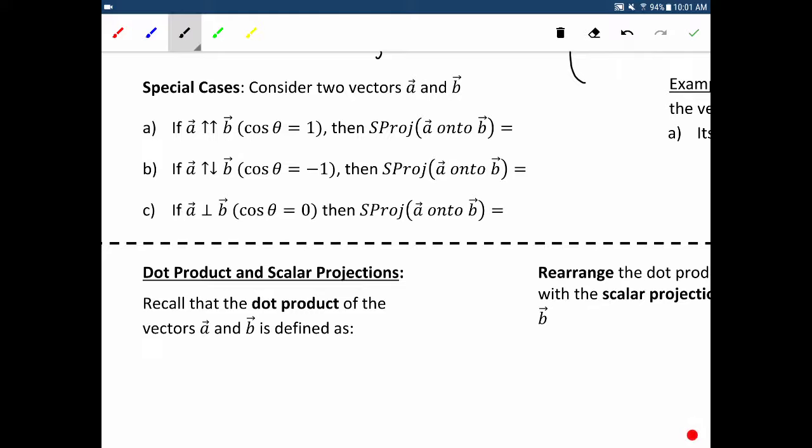If A and B are collinear and going in the same direction, cos theta is going to equal 1.